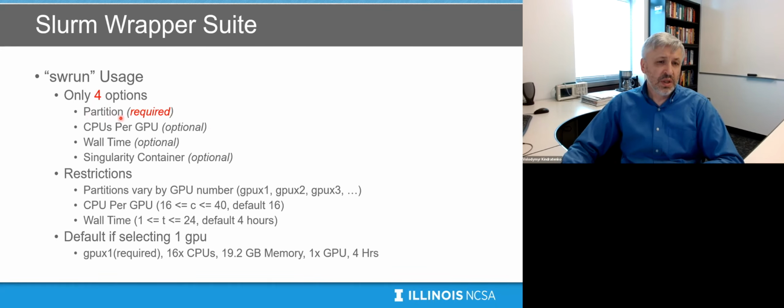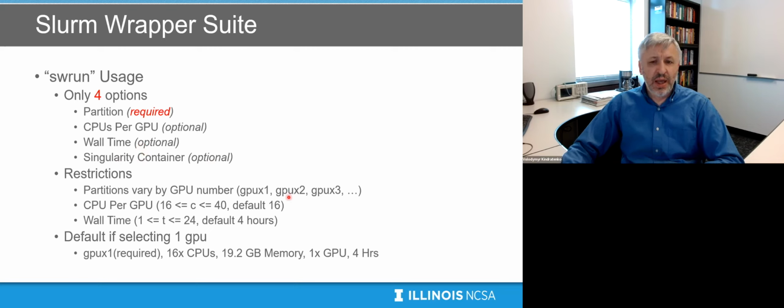The only option that is truly needed is the partition, and the partition will be GPU1, GPU2, or GPU4, which specifies how many GPUs you want to have. Then you can also add other components, such as for what amount of time, and whether you need to run it in a container, and so on.